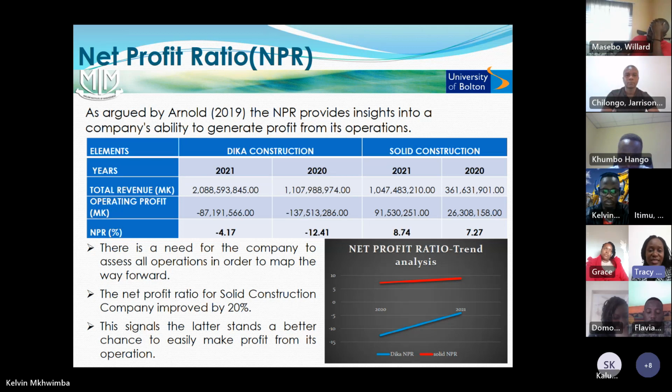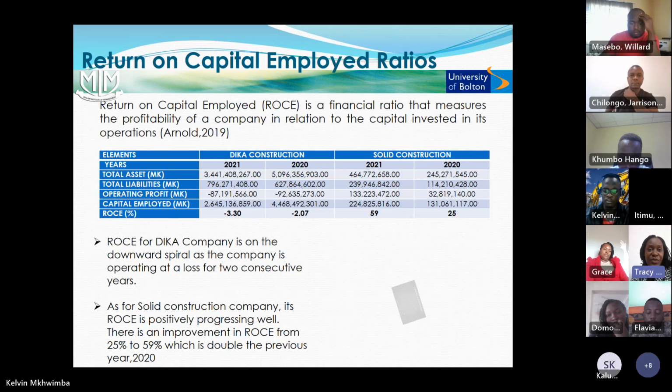So just to mention, despite the improvement, Dika did not do well during the review period. While Solid Construction Company had an improvement of 20% in the net profit ratio, from 7.2 to 8.7. So that's how the two construction companies are faring as regards profitability.